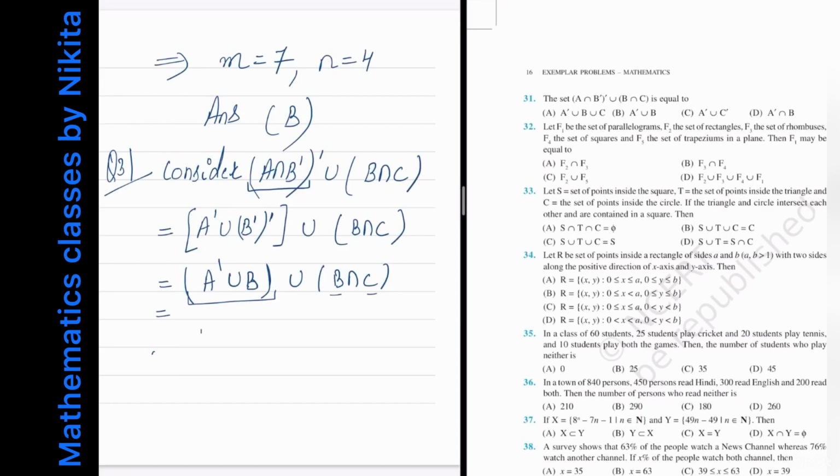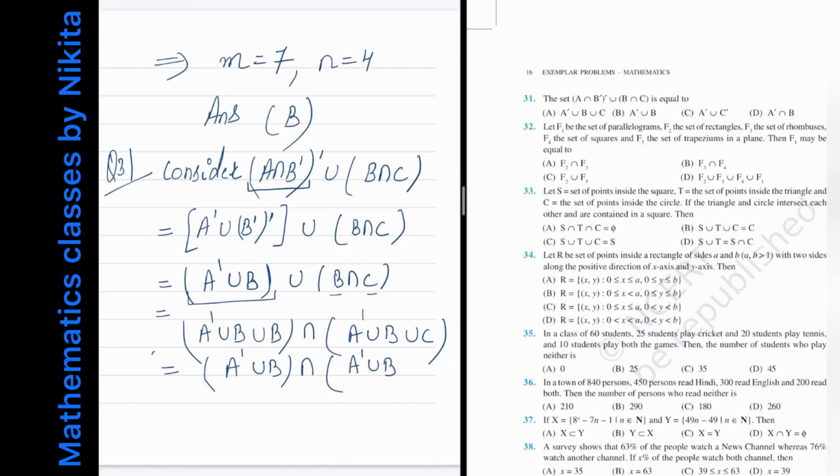So you will get A complement union B, then intersection with A complement union B union C. Now here you will have A complement union B because B union B is B, intersection with A complement union B union C. Now see, if I take the intersection of these two sets, what you will get?